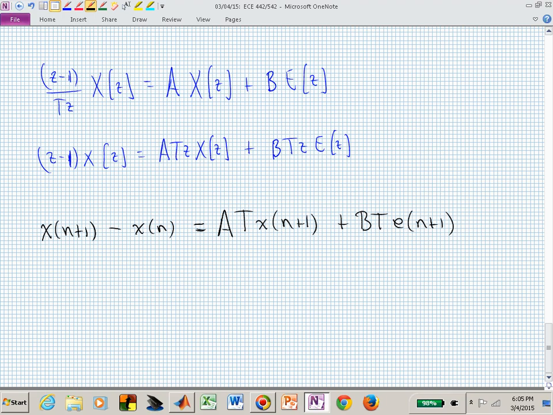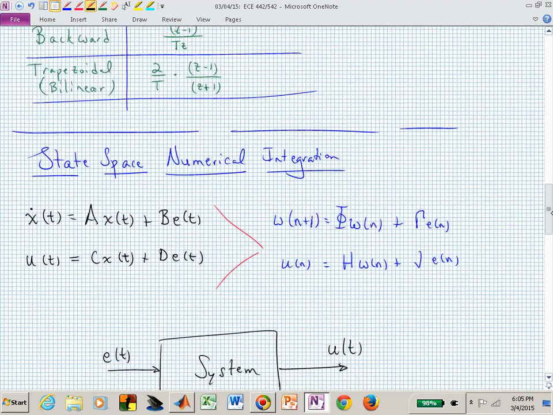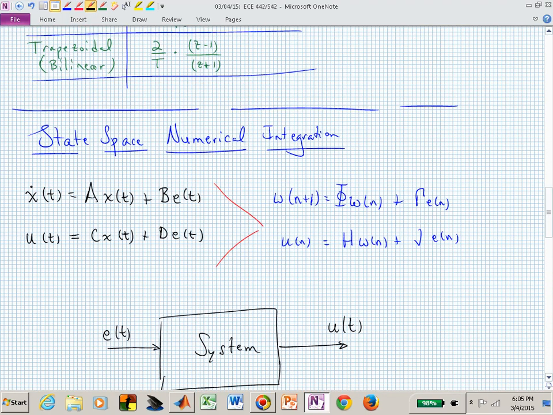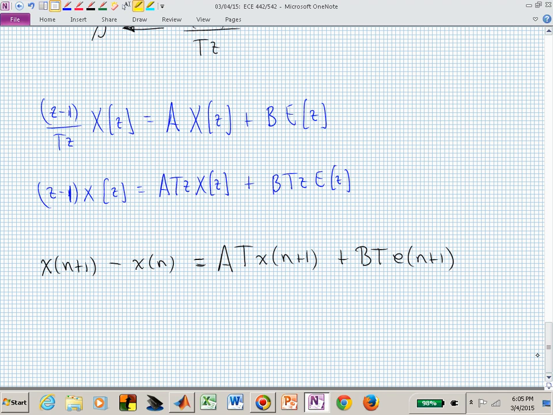What do we want for a state space representation? We want this kind of structure, and how does that structure differ from this structure?